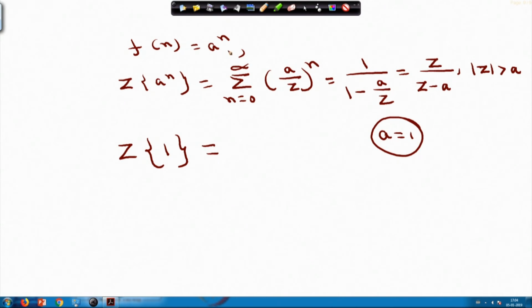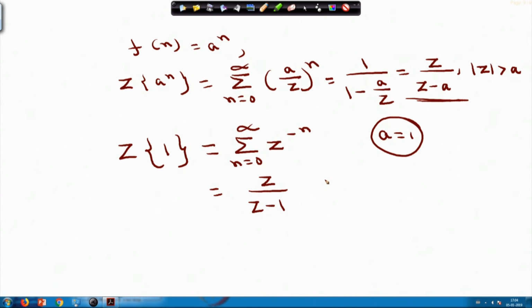If I take a equals 1, f(n) will become 1. So, this is nothing but summation n equals 0 to infinity z to the power minus n. From here this value will become z by z minus 1. Obviously again mod z should be greater than 1.